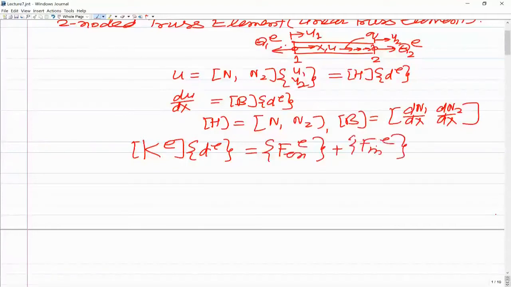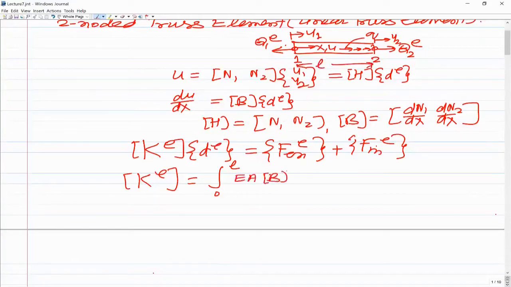We defined ke as the integration from 0 to L, the length of the element, where we said the length of the element is small l. This was EA B transpose B dx.